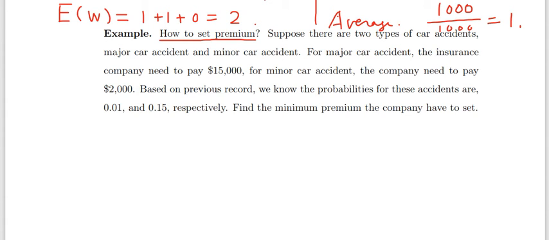Okay. So now let's consider this problem. For the insurance company, we just check how much they need to pay out. So it says if a big, serious car accident happens, then the insurance company should pay $15,000.